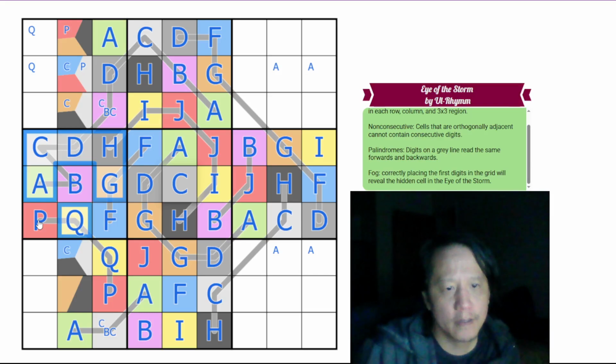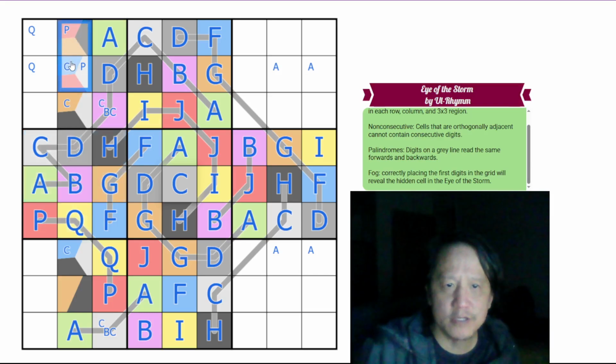Okay. And red would definitely be one of these two, so it cannot be consecutive. Therefore, this can't be blue, because that would force red to be here. So this must be blue. Okay, so this can't be C. Well, we already knew that. So P is one of those two.